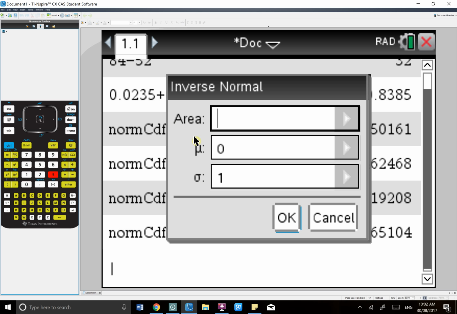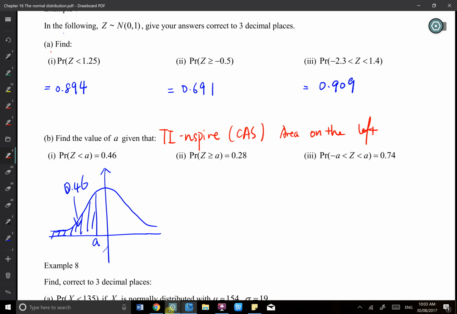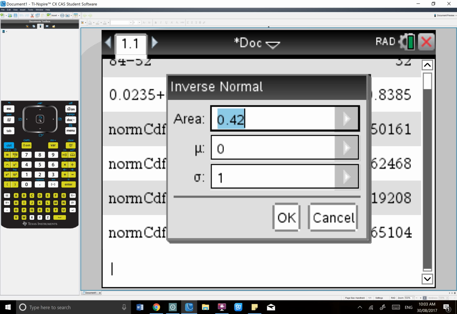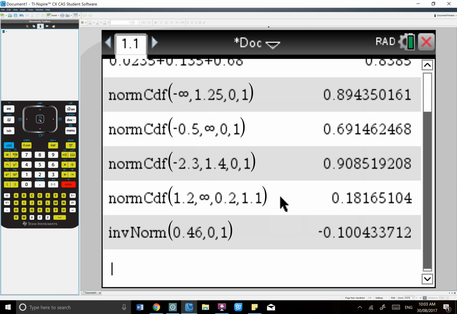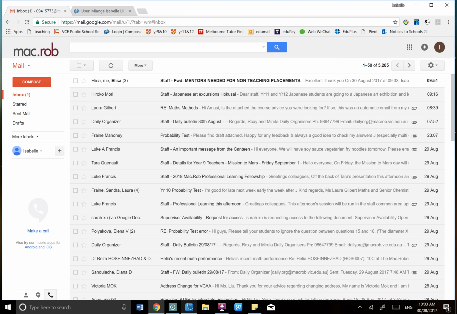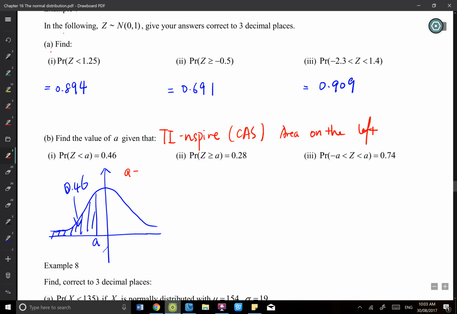There's only one place that asks you to put the area, so you can't put any area you like, on the left or on the right, because the calculator won't know. You must put the left-hand side area, which is 0.46 for this one, and mu is 0, standard deviation is 1. Press enter. That gives you negative 0.100, so this A is negative 0.100. It must be the left-hand side area.